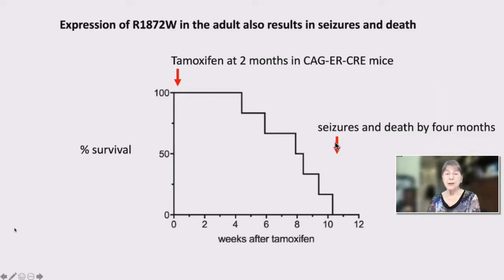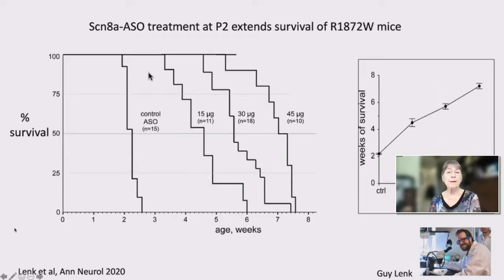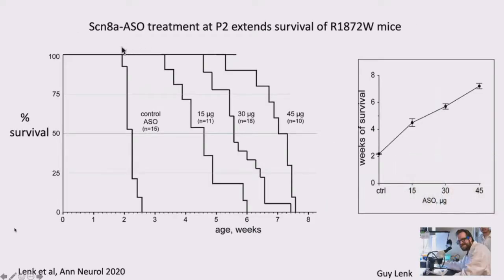But going back to the earlier format, this is mice that were treated at P2 with an ASO, and these are mice with the E2A CRE. And you see with the control ASO, they're dying, as I showed you a minute ago, between 2 and 3 weeks of age.